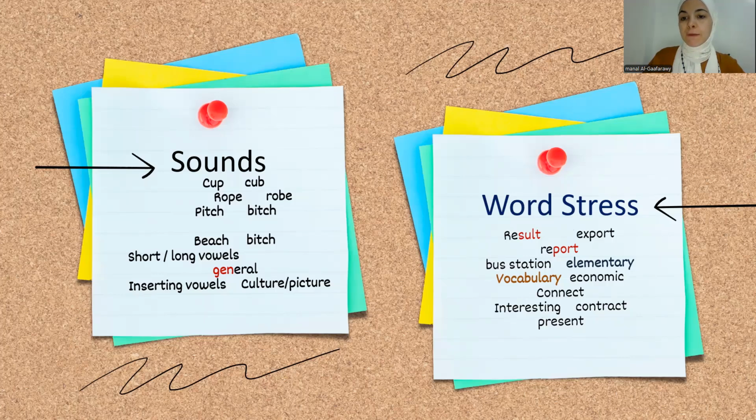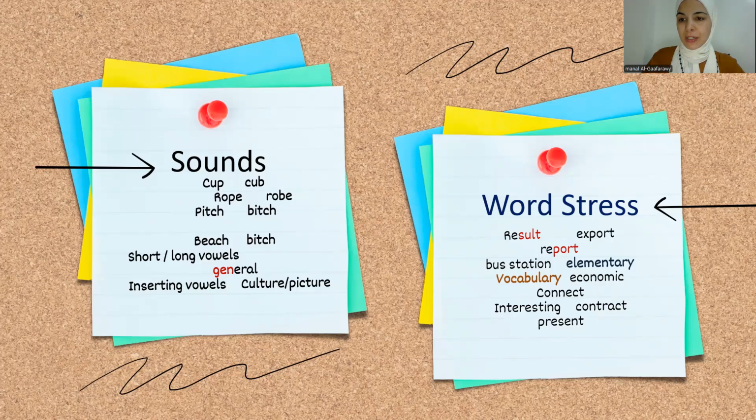Stress may also influence the type of the vowel in certain syllables. So for example, you know that this word has two variants of pronunciation according to the accent.